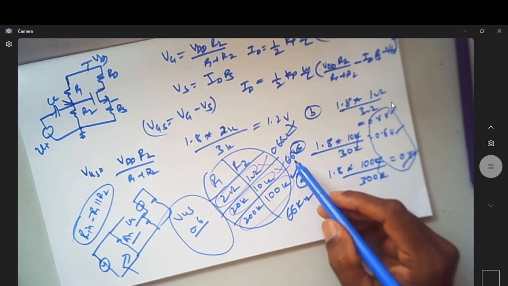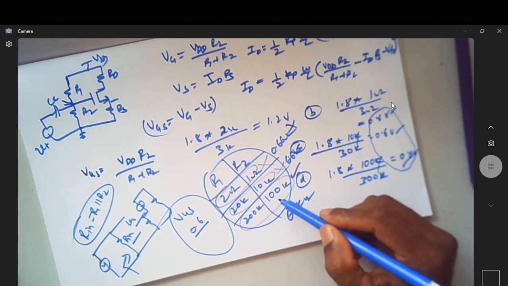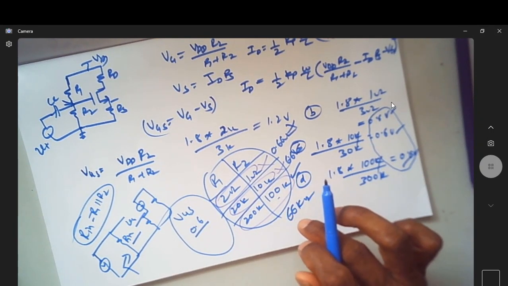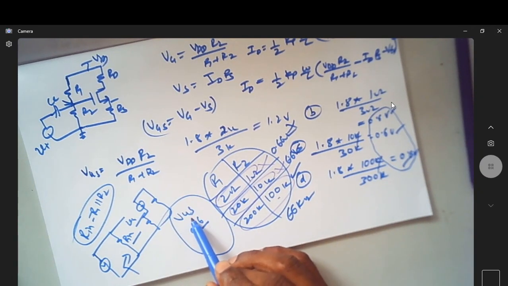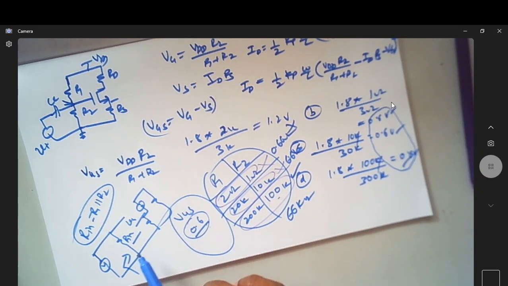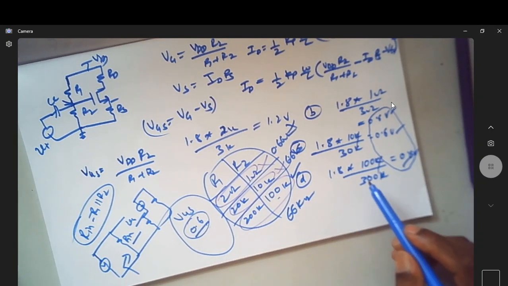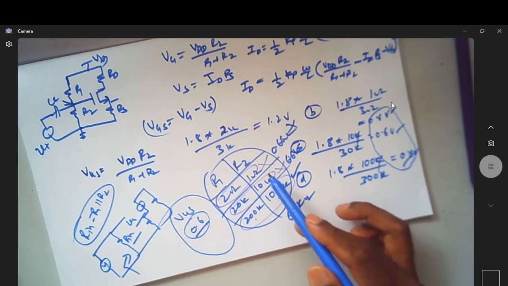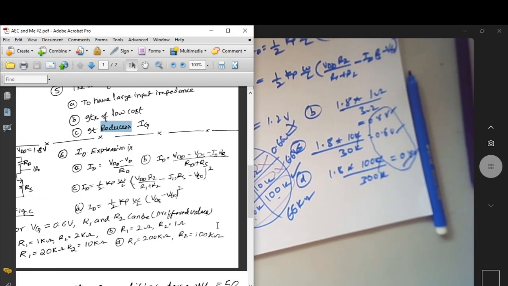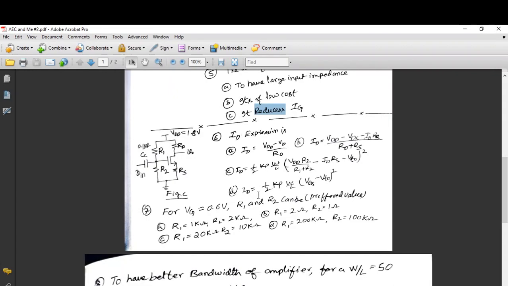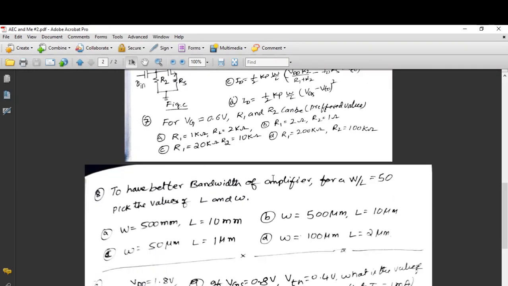So naturally this is a better choice of resistances in terms of getting VGS of 0.6 as well as a larger input impedance. So the option is 200K as R1, R2 as 100 kilo ohm. So the option here is C.